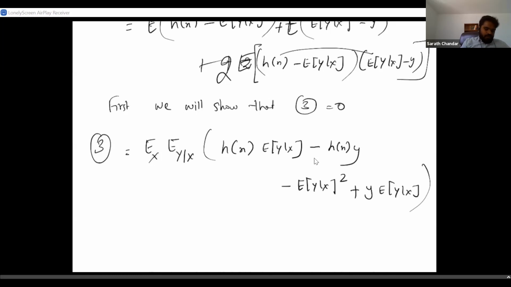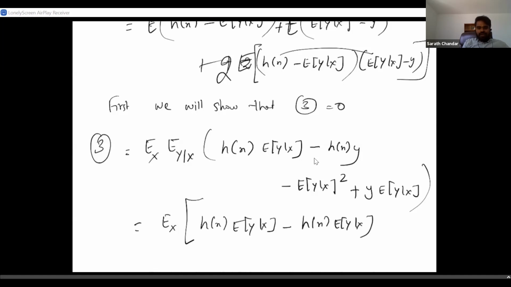Now let's apply the first expectation inside. So this becomes expectation with respect to x. The first term is h(x) E[y|x]. It is not a function of y, so it just stays as such. The second term becomes h(x) E[y|x] because you have y there.